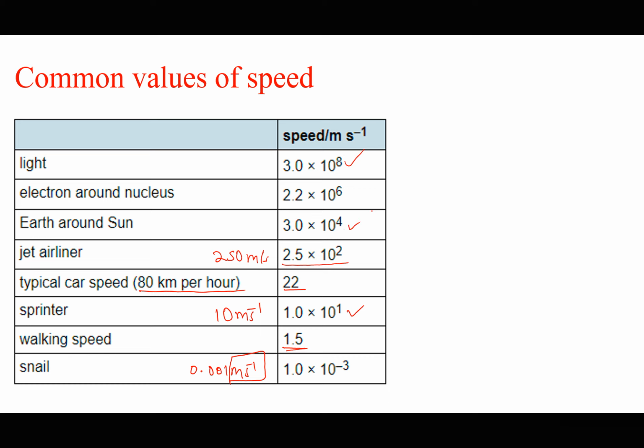You can always predict 3 times 10 to the power of 4 meters per second as the speed of the Earth around the Sun. So some of these quantities are reasonable estimates. But I am expecting that a student living in everyday life must know the speed of light, the speed of an airliner, the speed of a car on a highway, the speed of a sprinter, the walking speed, and the speed of a snail. Because the snail moves very slowly, the speed should be extremely small.